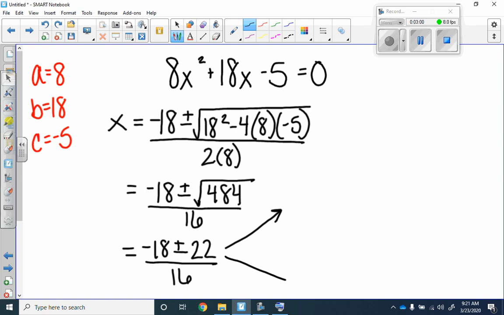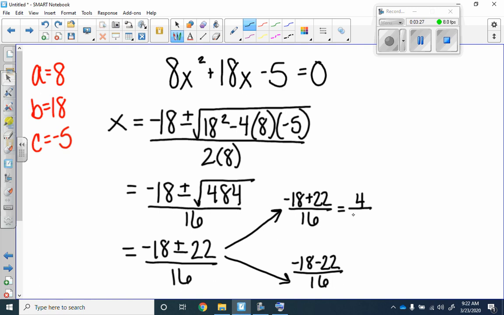At this point, we've got to break it up into two different parts. So we have negative 18 plus 22 divided by 16, and negative 18 minus 22 divided by 16. So negative 18 plus 22 is 4.